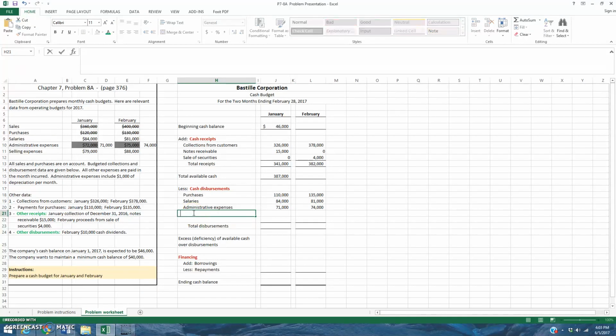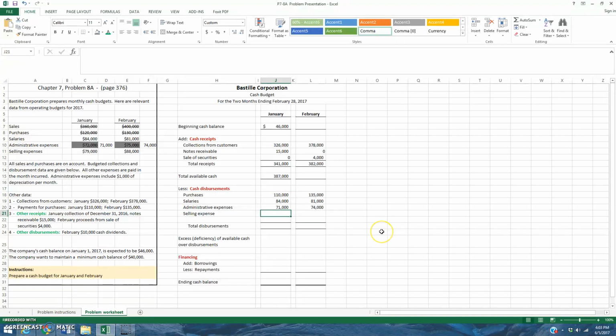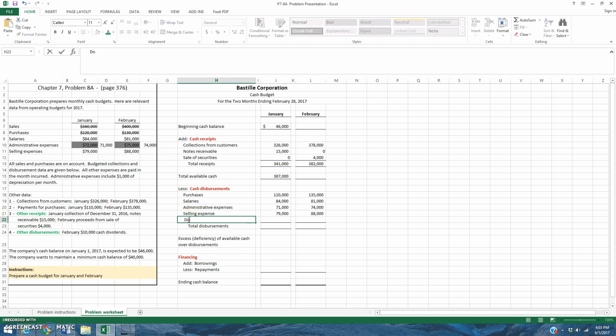The last item that's listed with accounts right here is selling expense. So we'll add that: $79,000 for January and $88,000 for February. Now we discussed our other disbursement down here that needed to be added is our dividend.